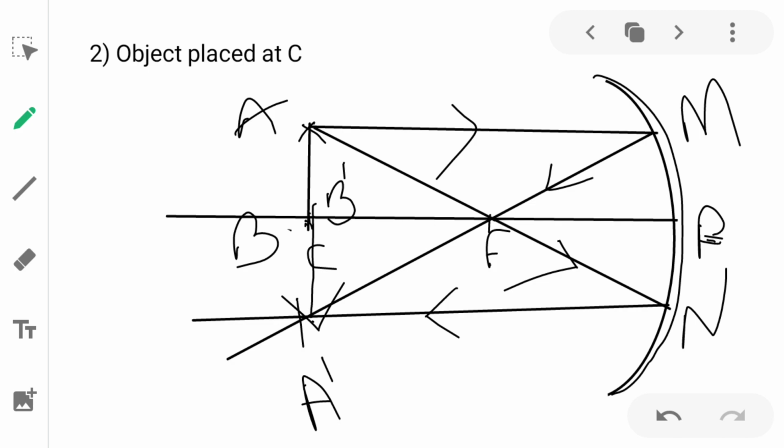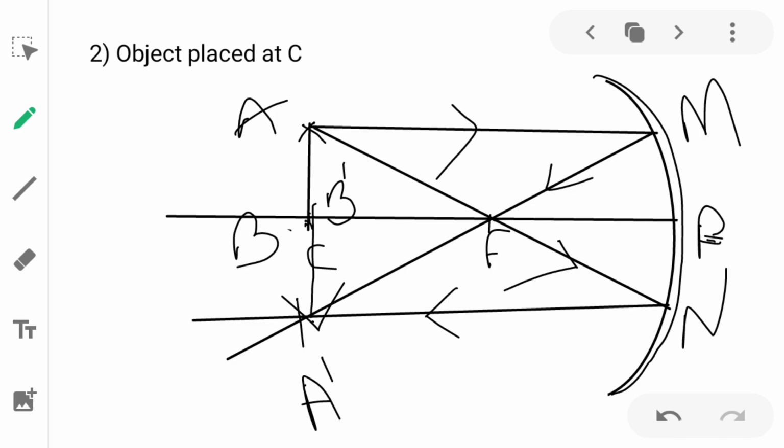It is real. And look at the size of the image. It is of the same size as the object. So collectively you can say the image is real, inverted and of the same size as the object.